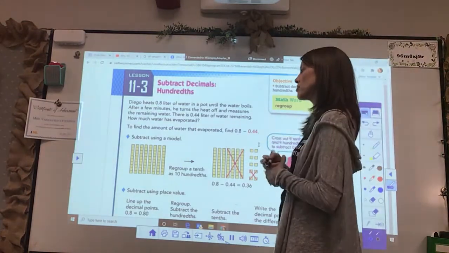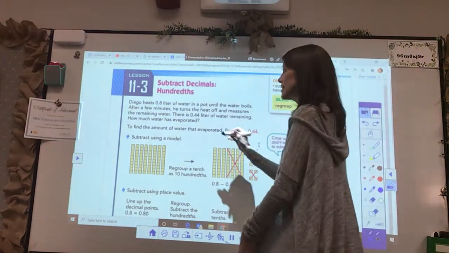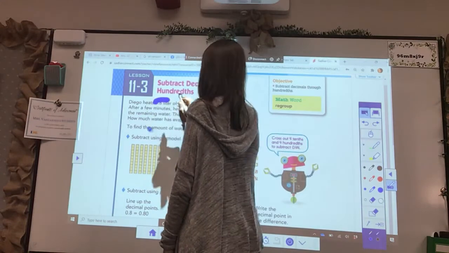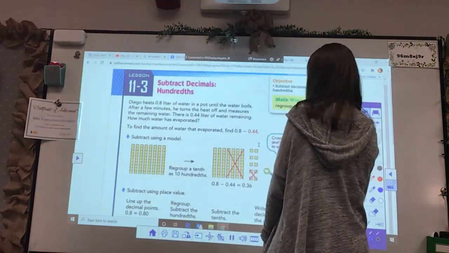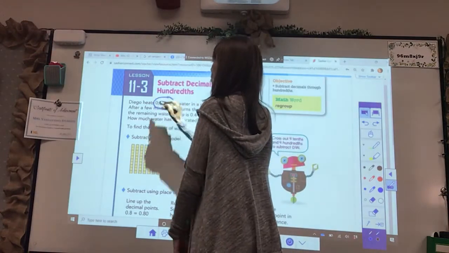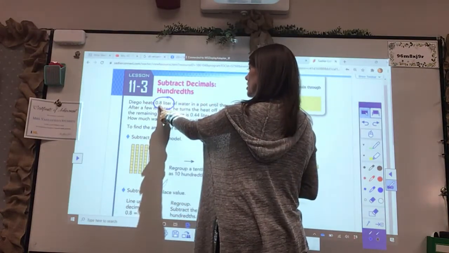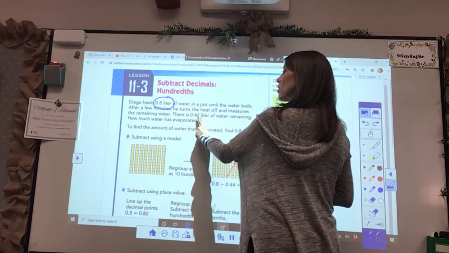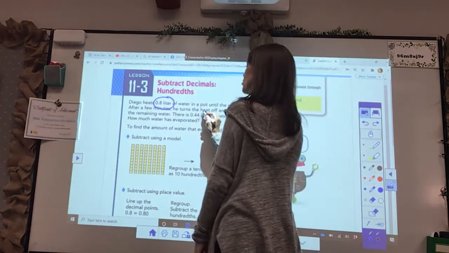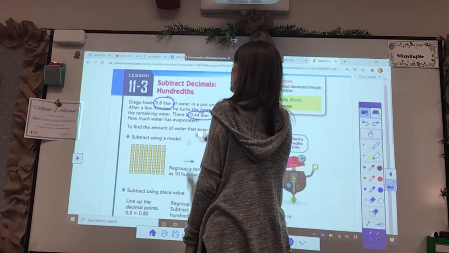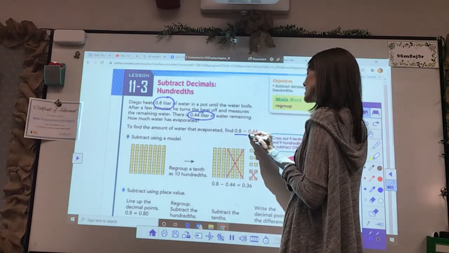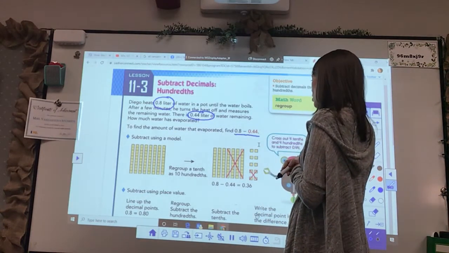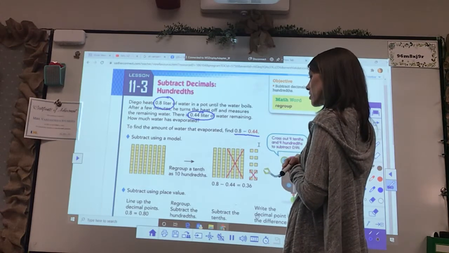To find out the amount of water that evaporated, we started with 8 tenths, and there's 44 hundredths left, so we need to subtract that to find out what actually evaporated. So we have 8/10 minus 44 hundredths.